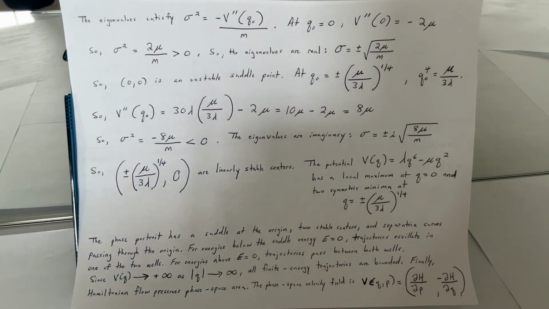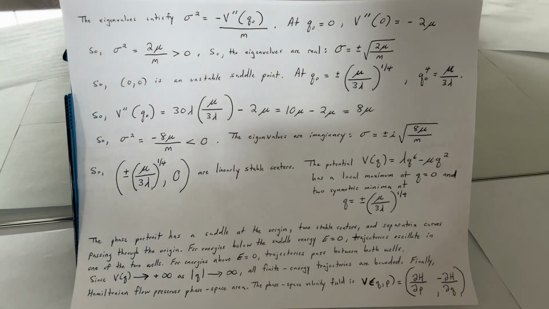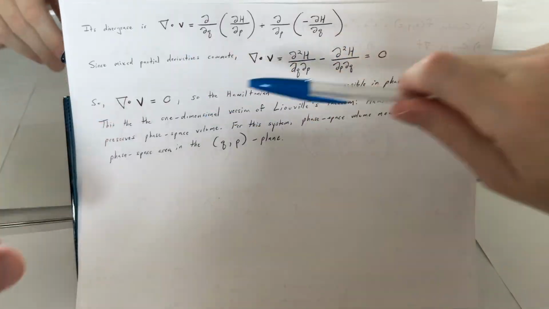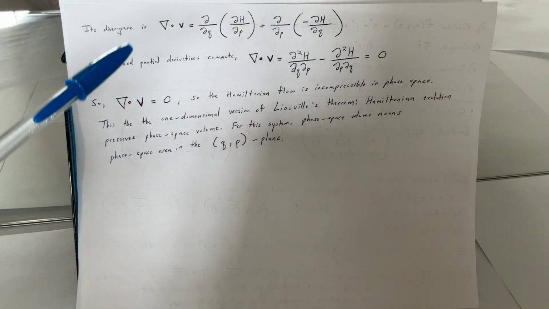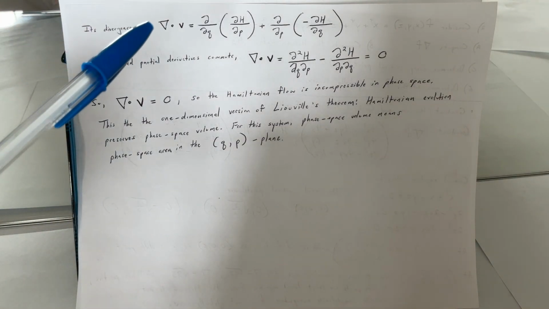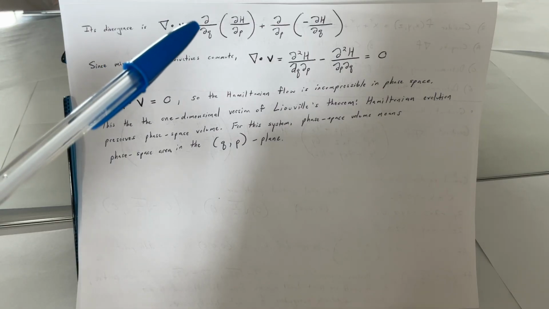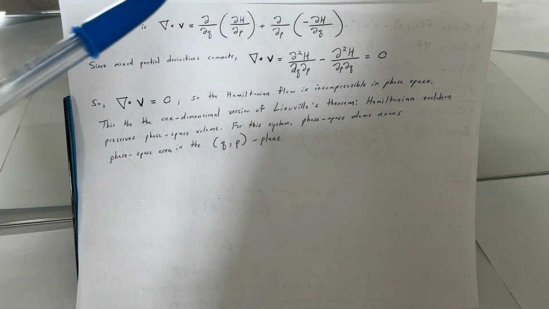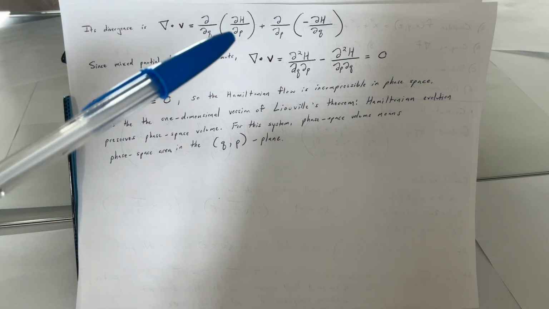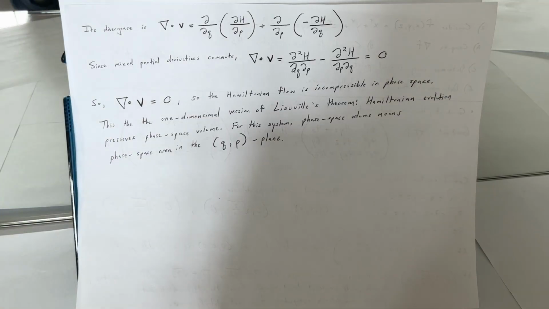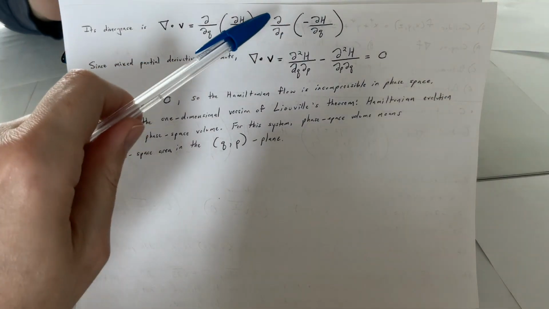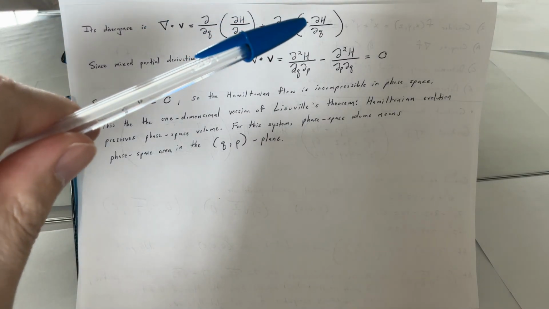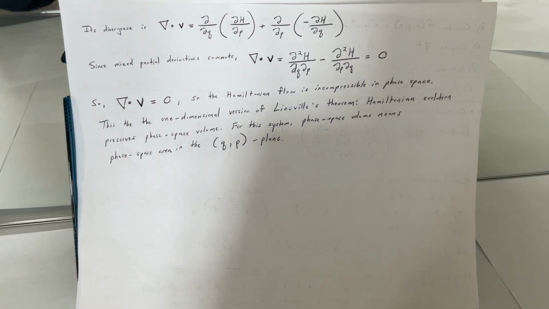Okay, so building on that with the divergence, its divergence is del dot V equals the partial with respect to q of the partial derivative of H with respect to p, plus the partial derivative with respect to p of negative partial derivative of H with respect to q.